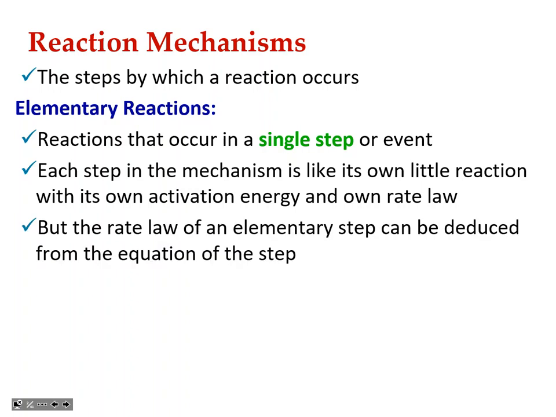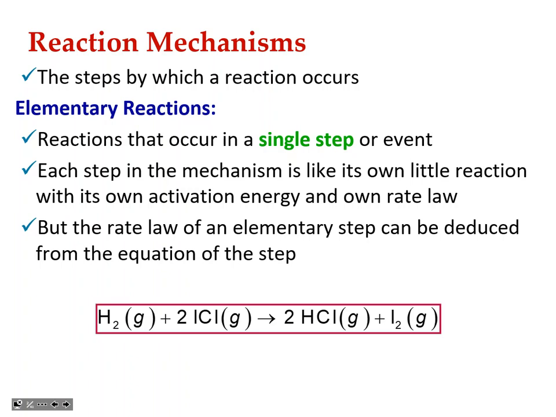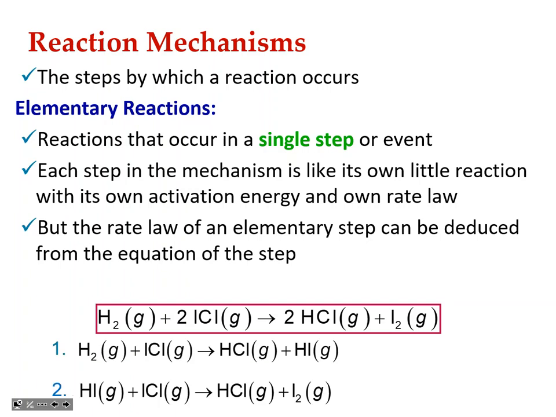But the rate law of an elementary step can be deduced from the equation of the step. So for example, we have this nice overall reaction, and I'm going to show you a proposed mechanism of two steps here.